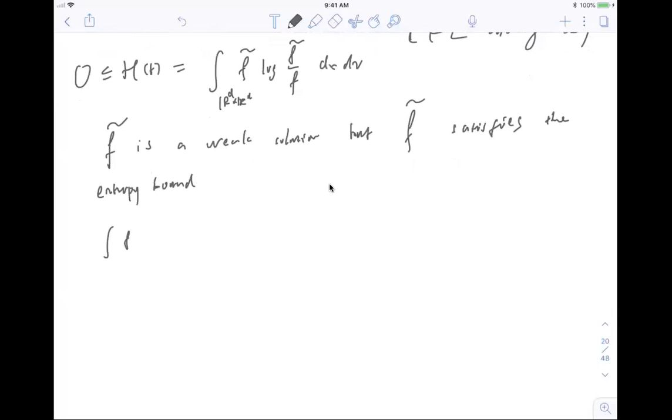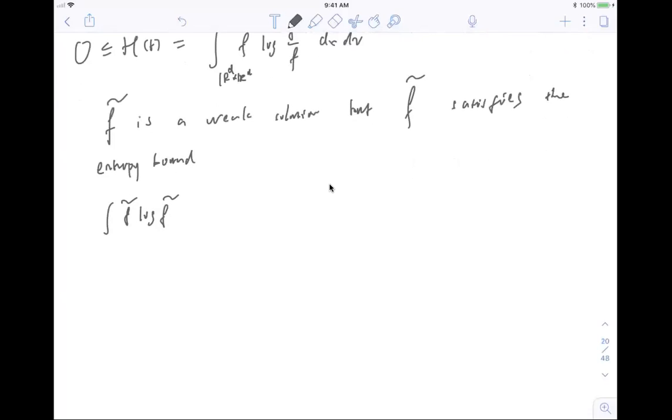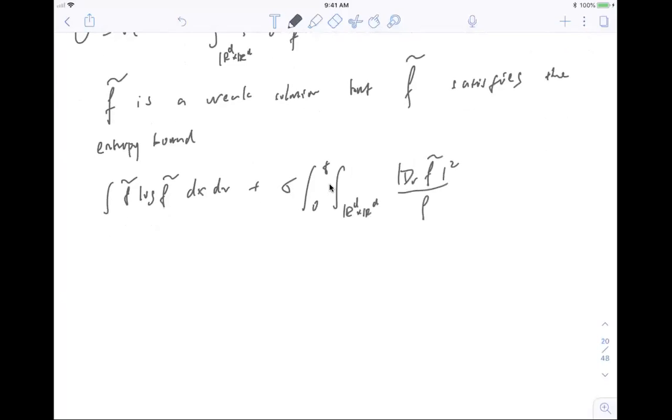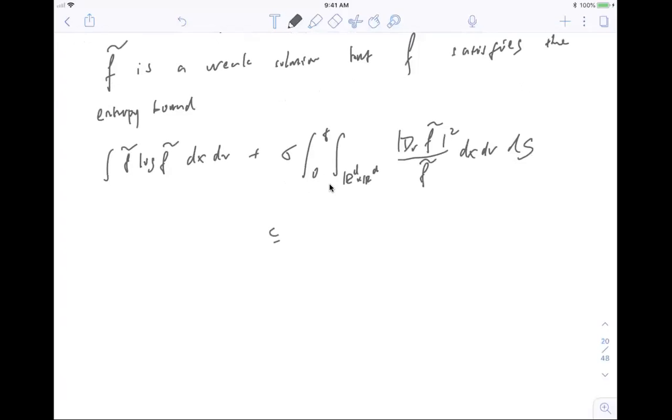So entropy is just f log f. It satisfies the following property.